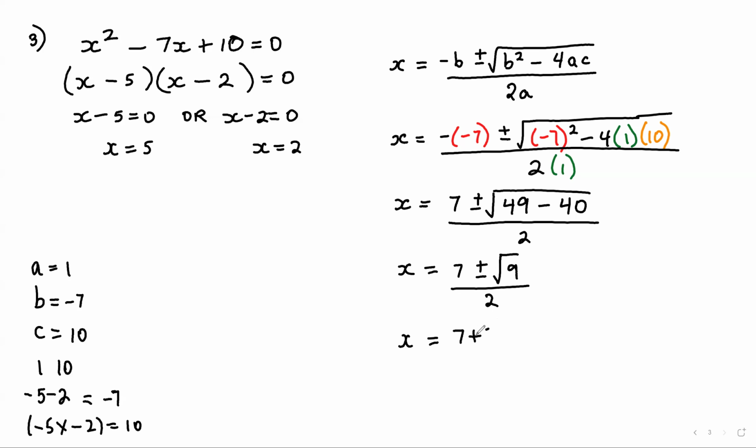So it'll be 7 plus 3 divided by 2, or 7 take away 3 divided by 2. So 7 plus 3 is 10, right? 10 over 2. So 10 divided by 2 is 5. Or 7 take away 3 is 4 over 2. And 4 divided by 2 is 2. Is that okay, love?